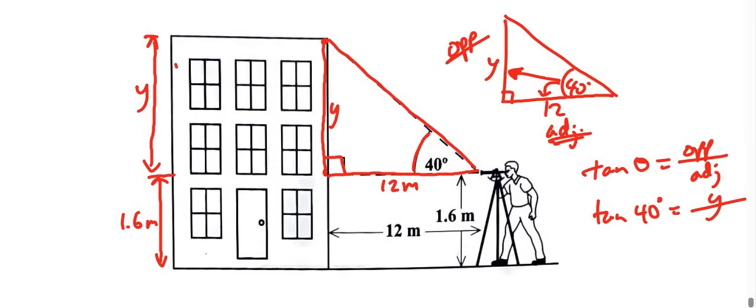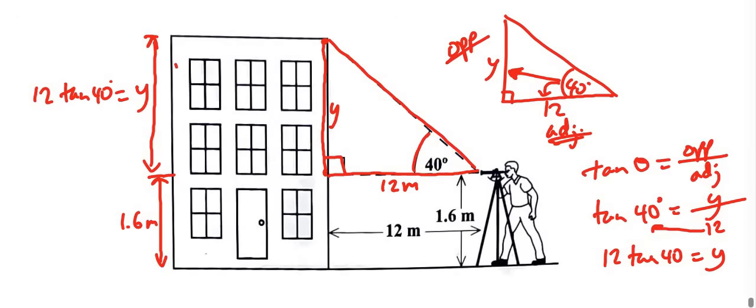Opposite is, we're not sure, we'll call it y. Adjacent is 12. Now to find y, we're going to transpose the 12 to the other side, from division to multiplication. So we get 12 tan 40 is equal to y. So y has a length of 12 tan 40.